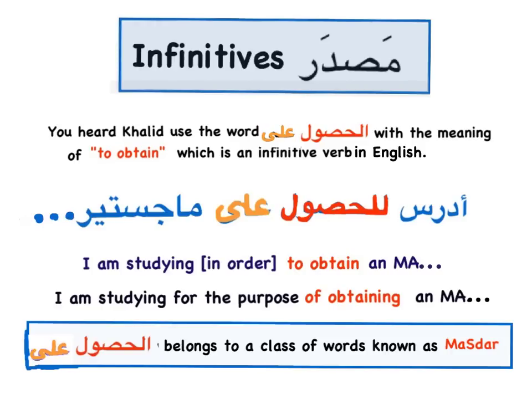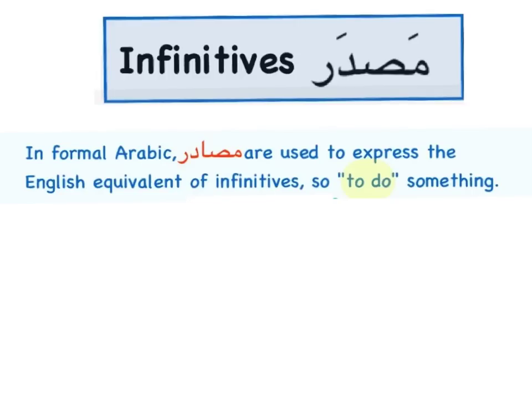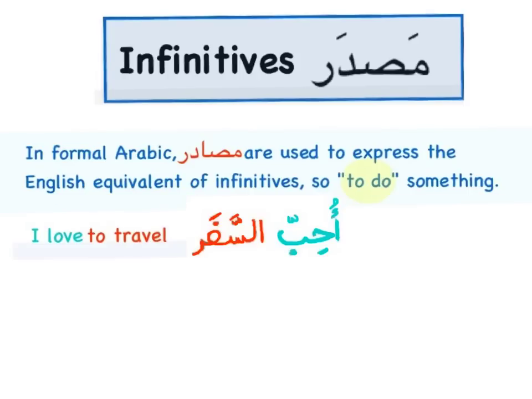الحصول على belongs to a class of words known as مصدر. In formal Arabic, مصادر, which means the plural of مصدر, are used to express the English equivalent of infinitives, as in the form to do something, to play, to write, etc. So for example, أحب السفر means I love to travel. Notice how to travel is one word in Arabic, السفر.